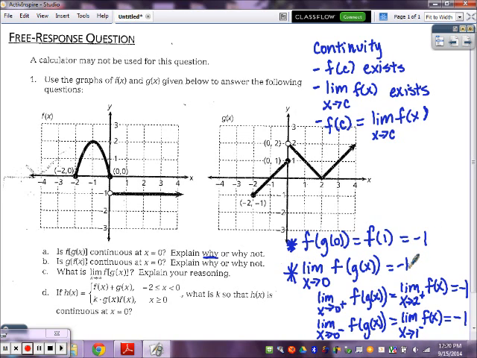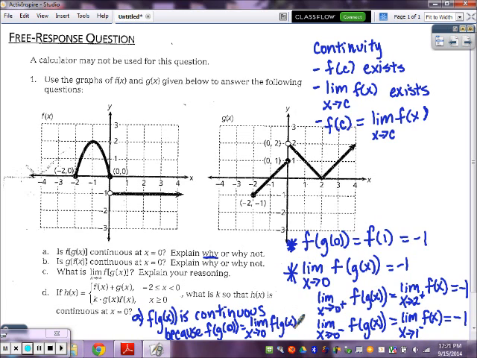It also equals -1. So in my conclusion for A, and all of this work has to be included as part of your answer, my final statement would be f of g of x is continuous because f of g of 0 equals the limit as x approaches 0 of f of g of x.